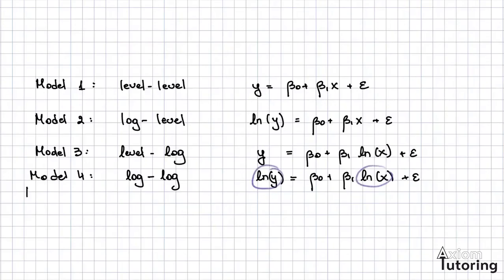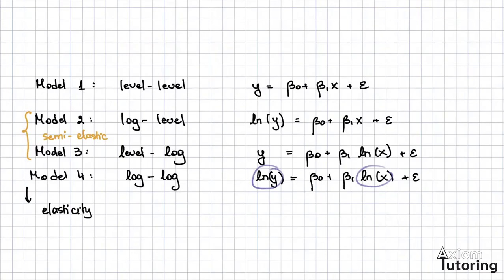The last model, we're going to call also the elasticity model, which compared to model 2 and model 3 were just the semi-elastic models. So that means now we are moving completely into percentage interpretations.